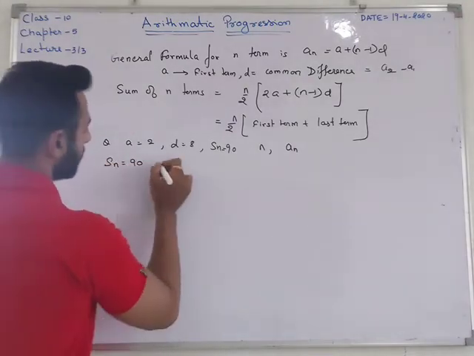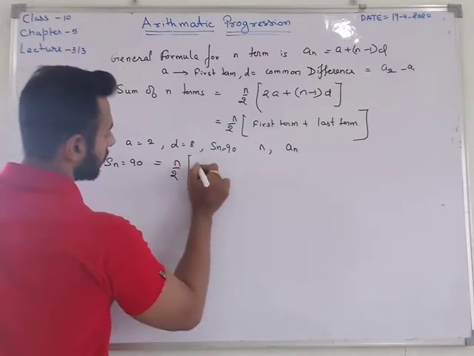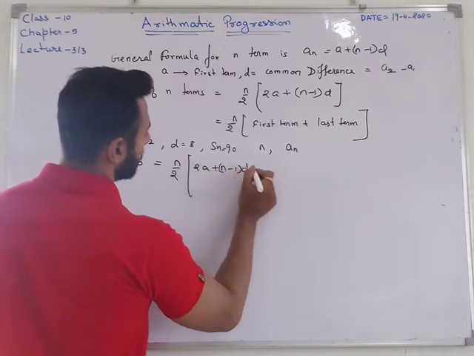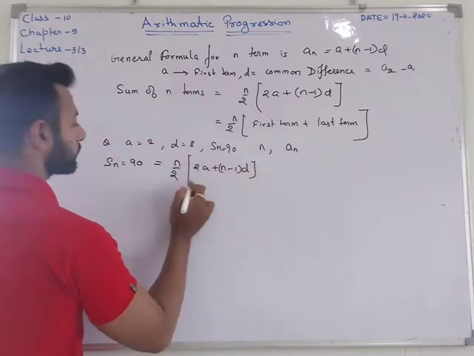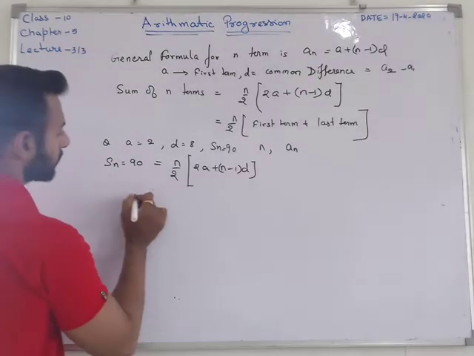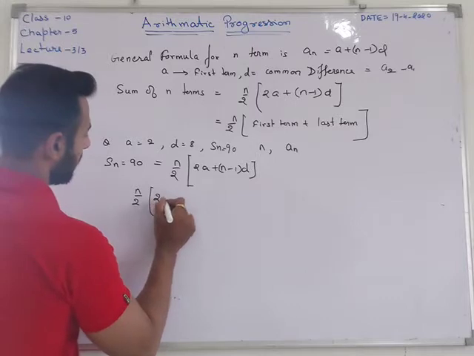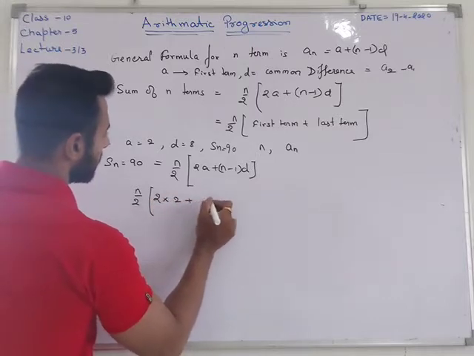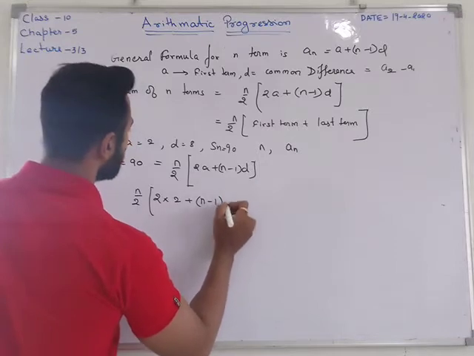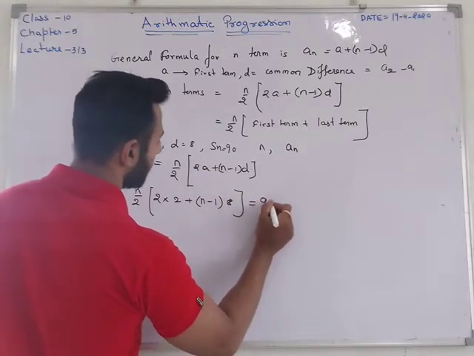Using the formula n by 2 twice of a plus n minus 1 into d, substituting the values, n by 2 twice of 2 plus n minus 1, d is 8, is equal to 90.